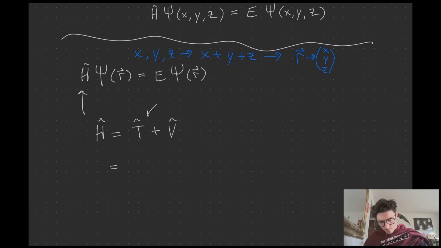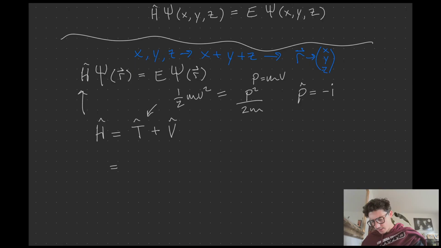Kinetic energy, I remember, is 1/2 mv squared. Or if you use momentum is equal to mass times velocity, you can do momentum squared over 2m. These two things are equal. And if you remember in quantum mechanics, the momentum operator is minus i h bar partial x. But now since we're in 3 dimensions, this is going to be partial r if I'm not mistaken.